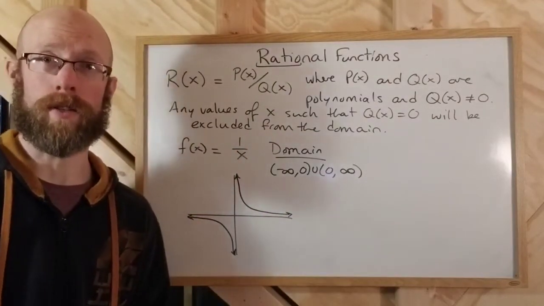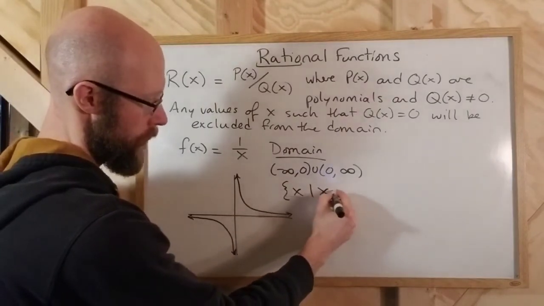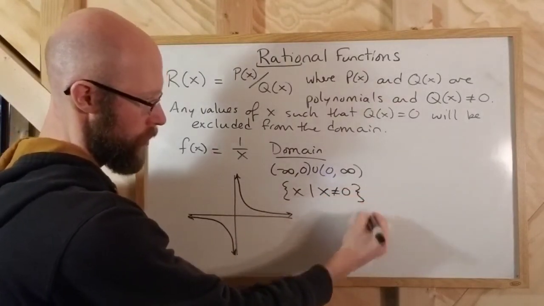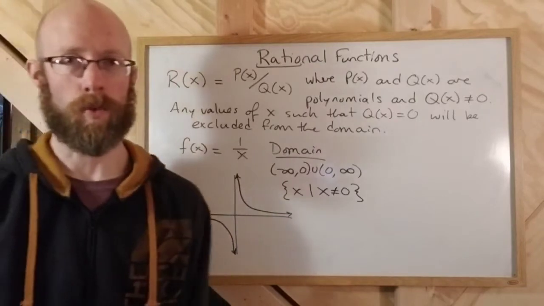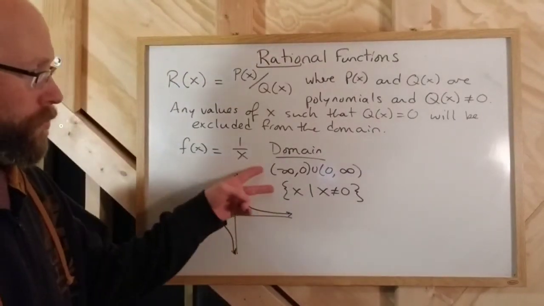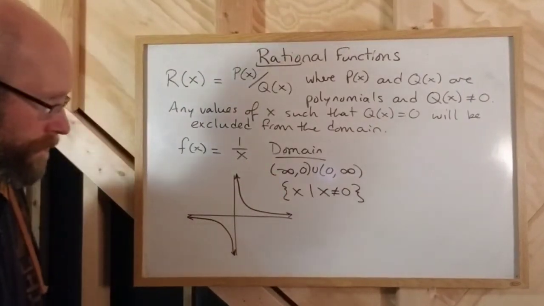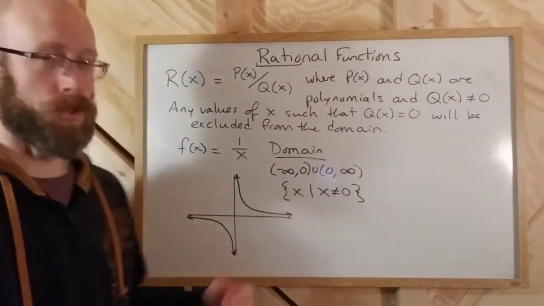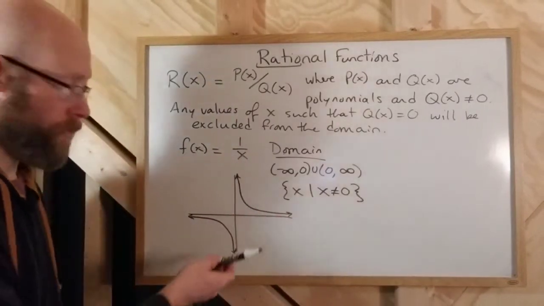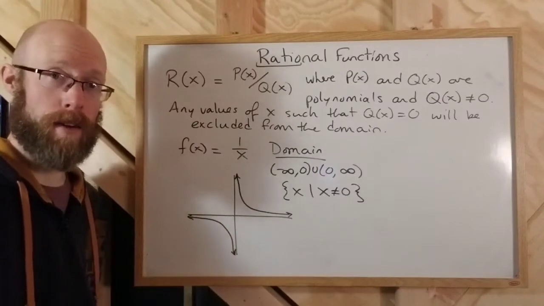Or I could write it in set form and just say it's all values of x such that x is not equal to 0. And we assume x to be a real number when we write these. Either one of those notations works, but they represent the same thing. Now, of course, the range is identical, because on this graph, the y value of 0 is also not hit by the graph.